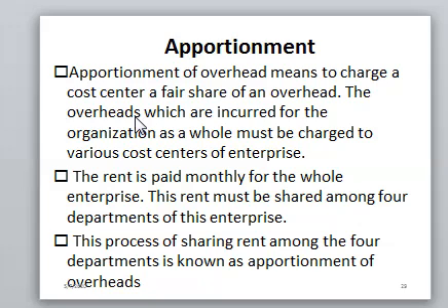So at the end of the period, you need to divide the cost of this supervisor among all of those cost centers. That's what we mean by apportionment. Because they are indirect, you can't just assign them directly. You have to apportion them. But when we are apportioning, we use what we call an apportionment basis.